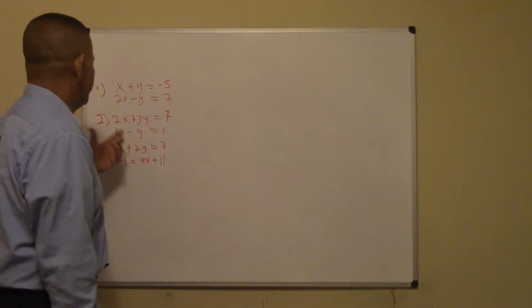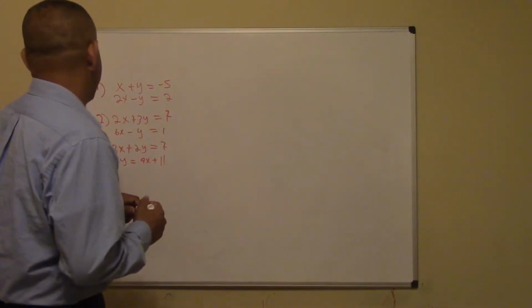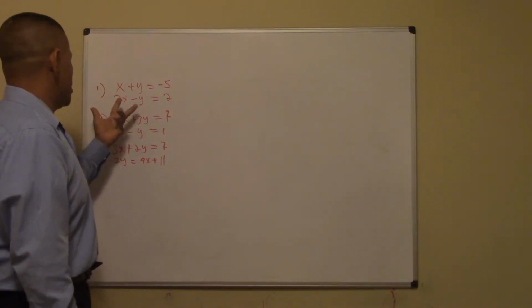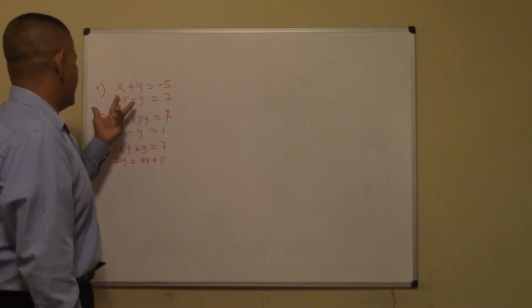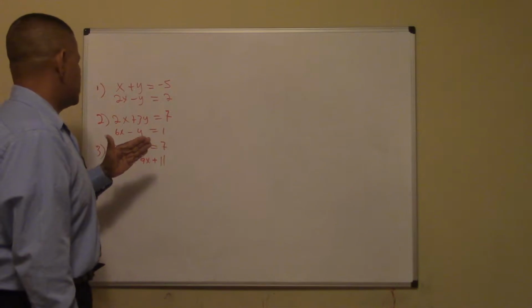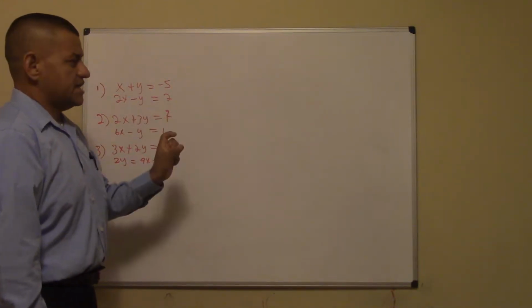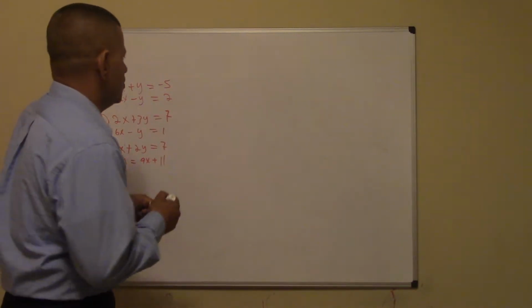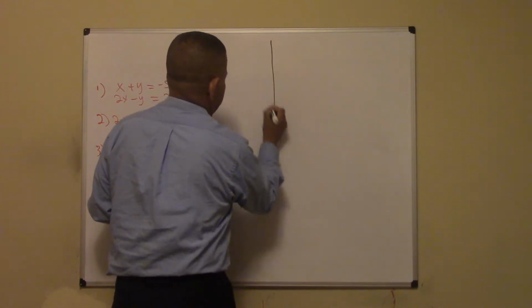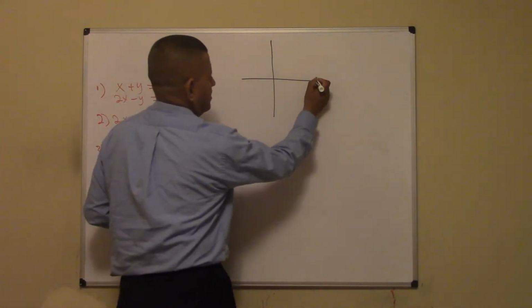So first, the way that we do elimination is that, for example, in this one, we need to solve for x and y. In other words, we have to find one value of x and one value of y, which means that, for example, if this is the Cartesian plane, right?